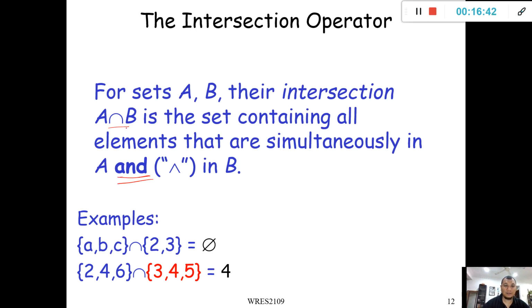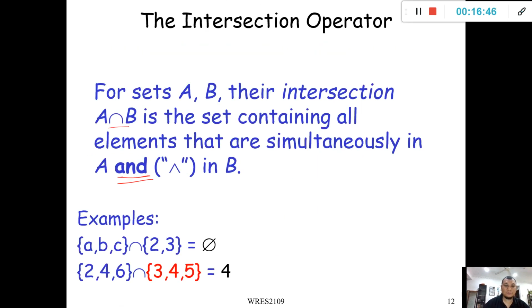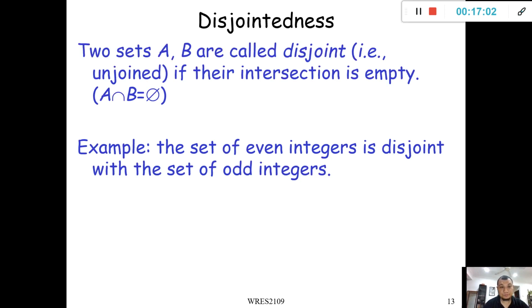So intersection is AND and OR is union. So example, A, B, C, and 2 and 3. There are no same elements, so it's null. So 2, 4, 6, and 3, 4, 5, you only have 4 here and 4 here.